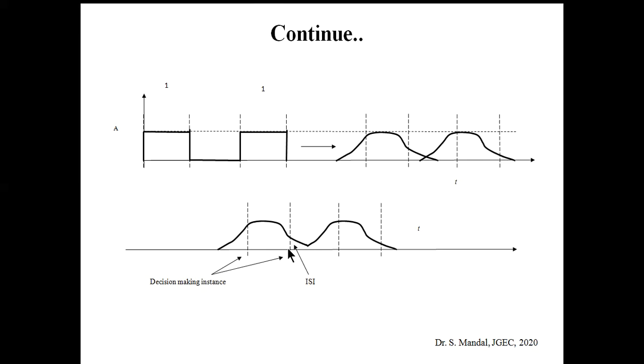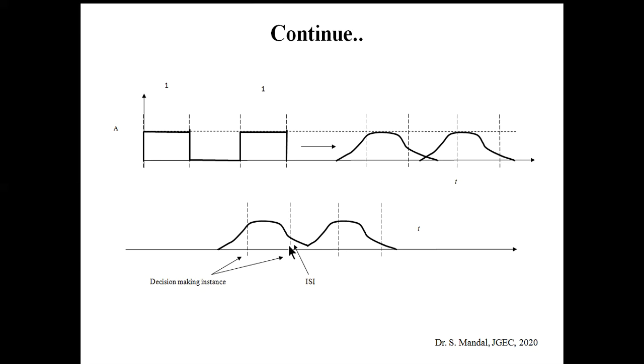If there is no overlapping at the decision making instances, then we do not need to bother about the other values in between, because we take the decision at the sampling instance, at this point. Suppose this one is t1 seconds, this one is t2 seconds. At t2 seconds, what is the corresponding value of the signal?